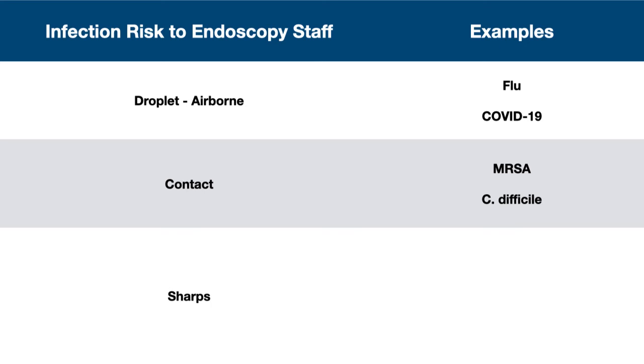And the third one is sharps. You have to take every precaution to dispose of the sharps properly. Otherwise, a sharp injury or a needle stick injury could put you at risk for HCV, that is hepatitis C, HIV, and hepatitis B as well if you are not immune to hepatitis B infection.